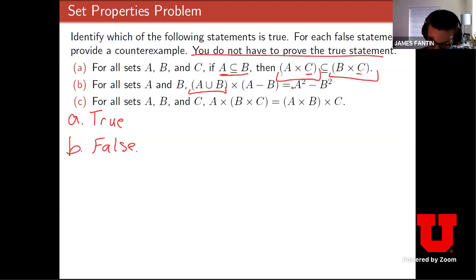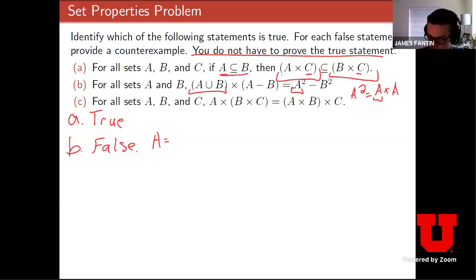But the first element in the cross product here, since we're taking A squared, recall that A squared is just A cross A, the first elements in these cross products are going to come from A. So as long as we find a set that has some element in B, we're going to be able to disprove this statement just by looking at the first elements of the cross products.